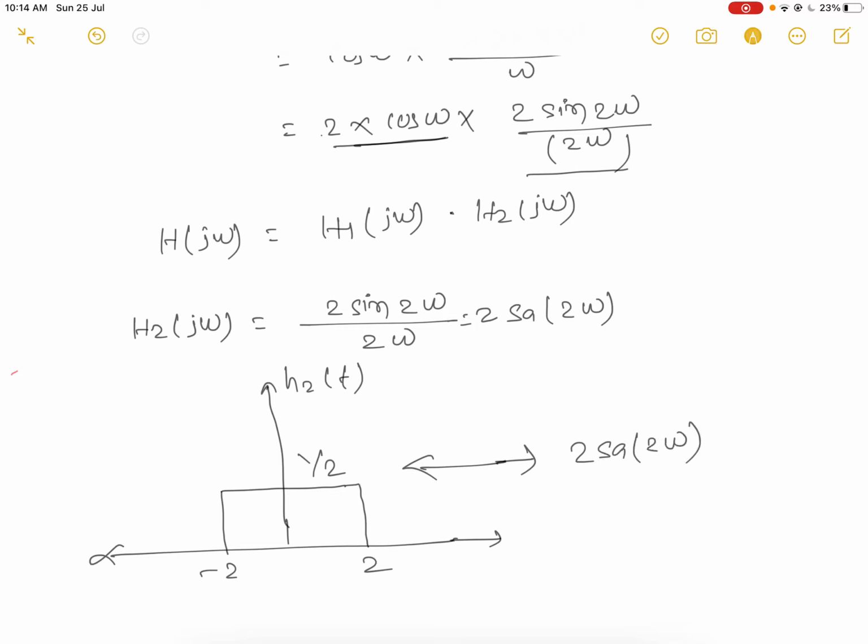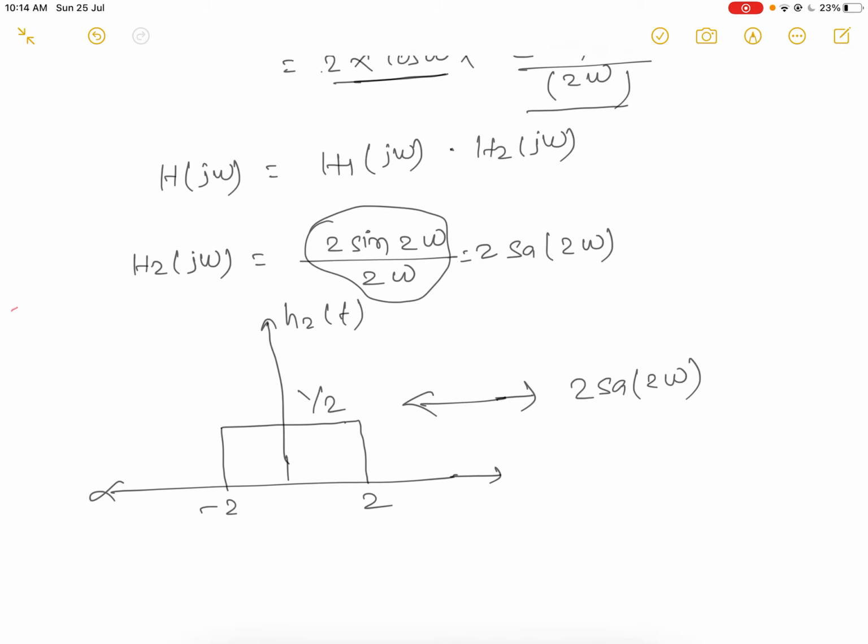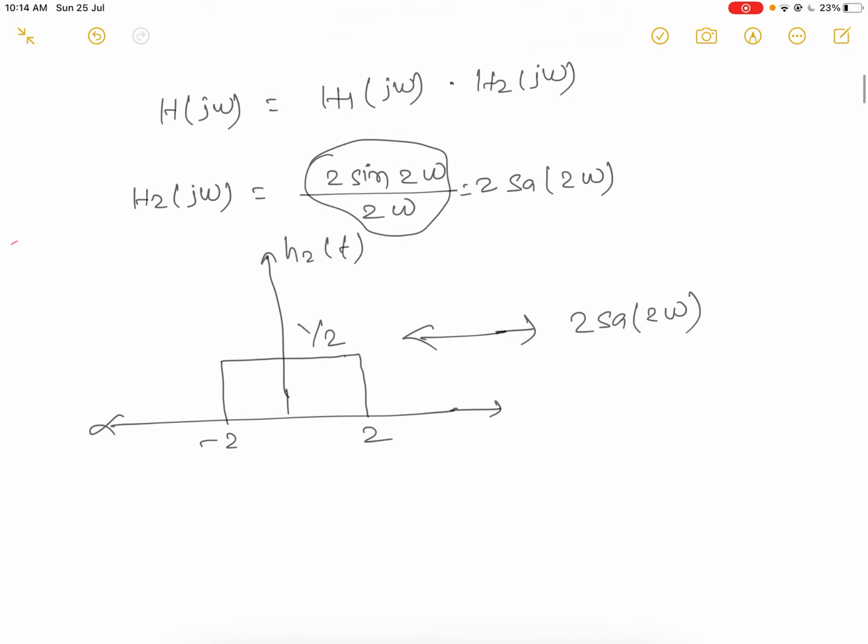You can take the Fourier transform of this and you will get the same part. When you take the pulse signal, you will get this one, and you can check it.